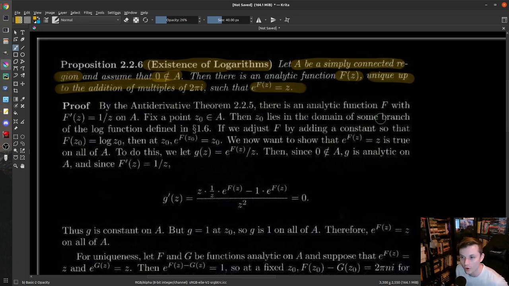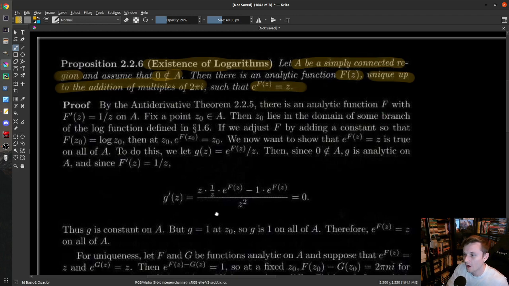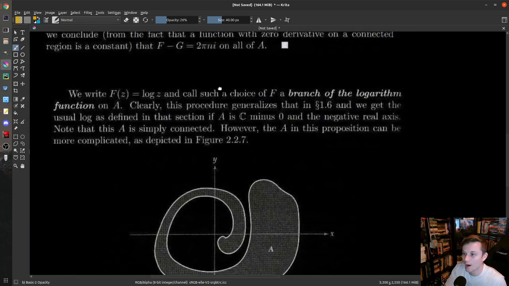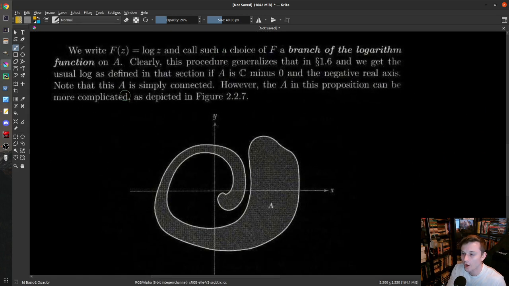Okay, so we're going to prove this. We're going to go through the proof, but we're going to call this function F of z, and we're going to write that as log z, right? Kind of the same as before. This is a branch of the logarithm, maybe a little bit better explained than what we were saying previously with just choosing what place the argument should be.